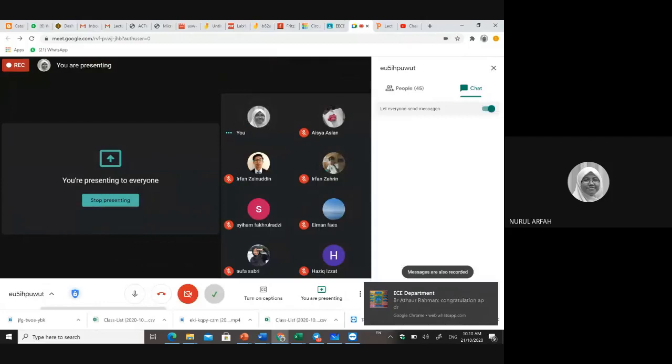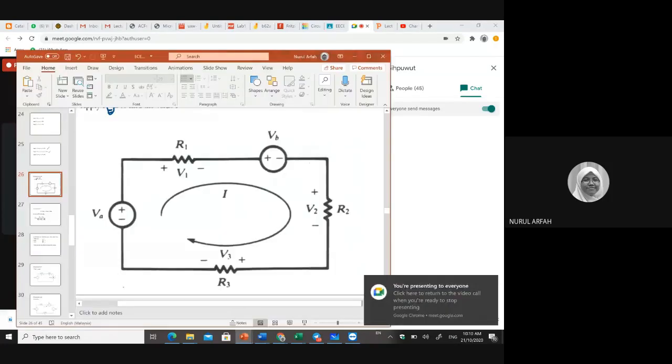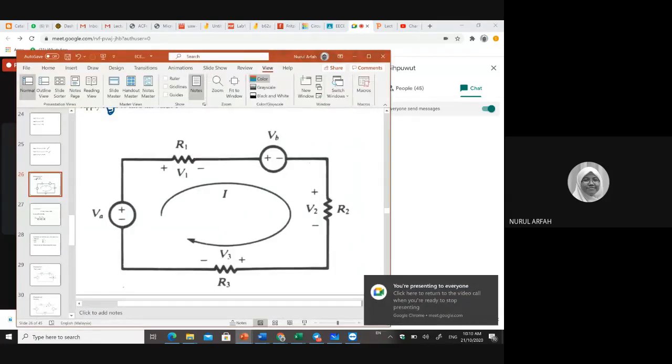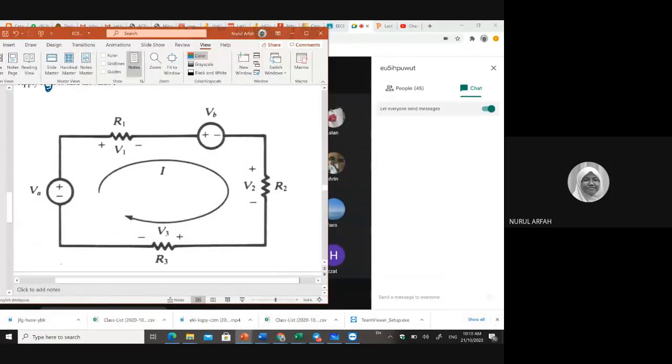What is this equal to if you apply KVL around the loop? Maybe you start from VA and then follow the imaginary current. You can write down the answer here.